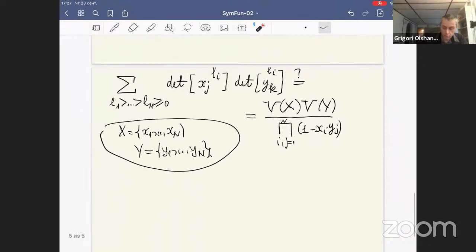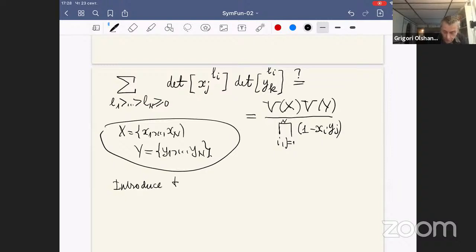Now, what next? Just look at these expressions, and the idea is as follows. Consider two matrices.